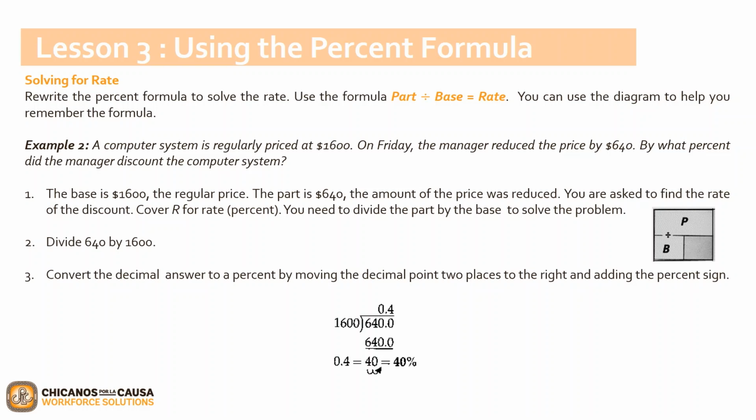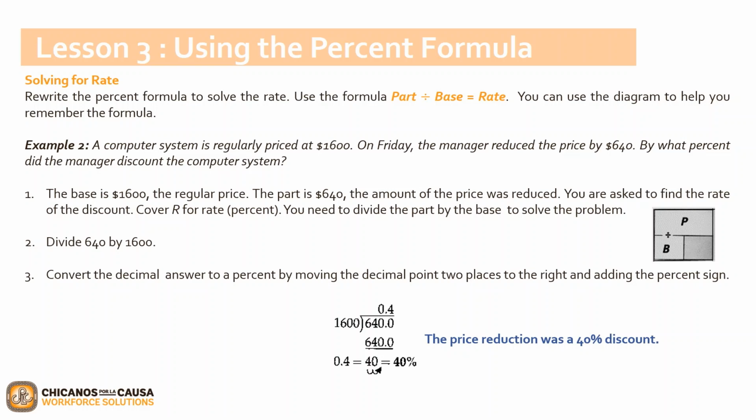So shown here, it shows how we divided 640 by 1,600 and got the answer 0.4 as a decimal and converted it to a percent by moving the decimal point 2 places to the right and adding the percent sign, which gives us our answer to our example 2 question that the price reduction was a 40% discount.